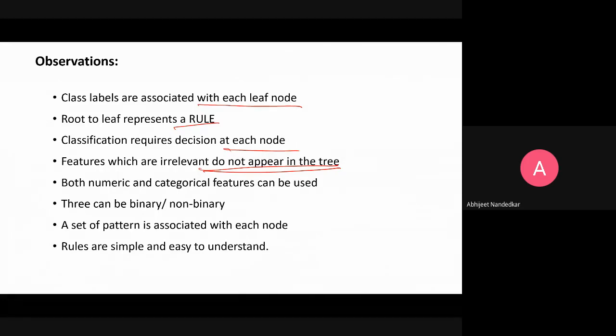Both numeric and categorical features can be used. There can be binary or non-binary trees. A set of patterns is associated with each node, and rules are simple and easy to understand. So that is the beauty of this tree.